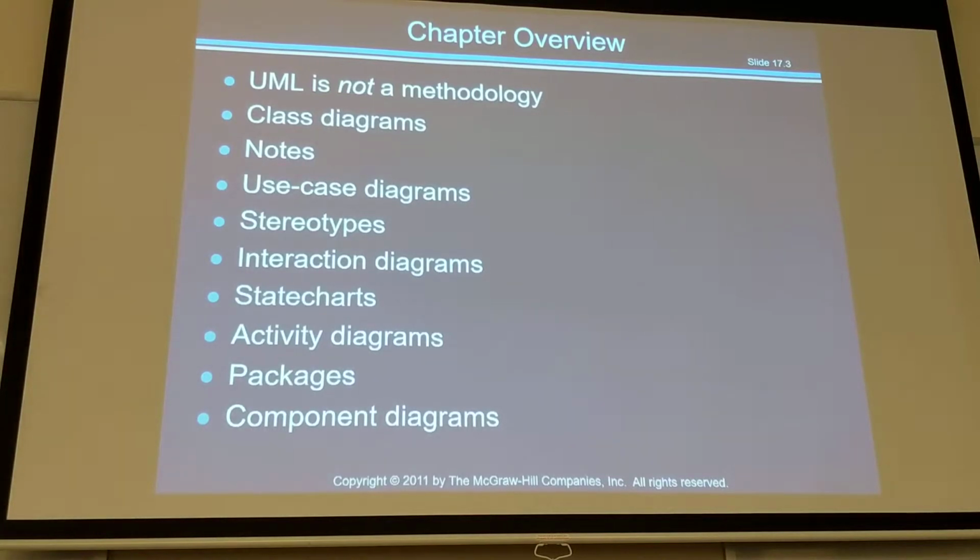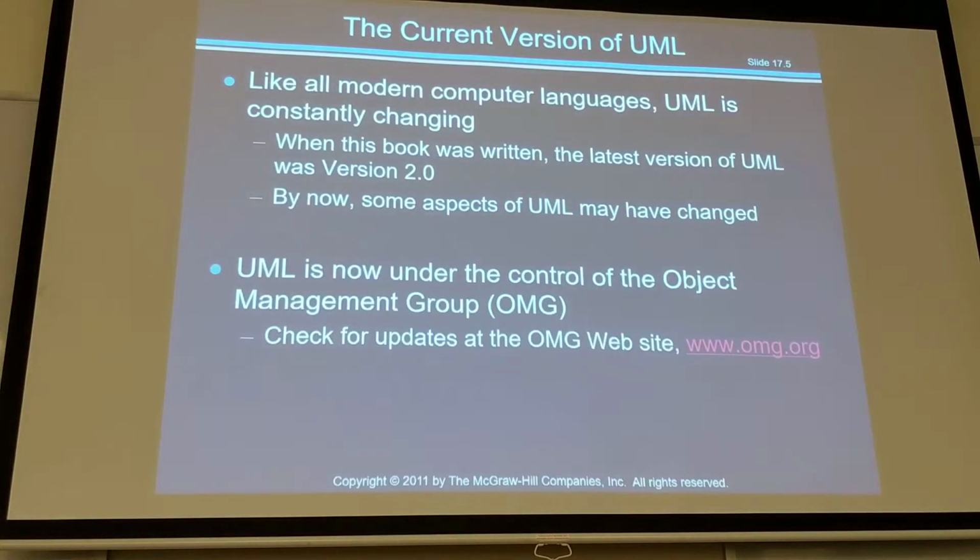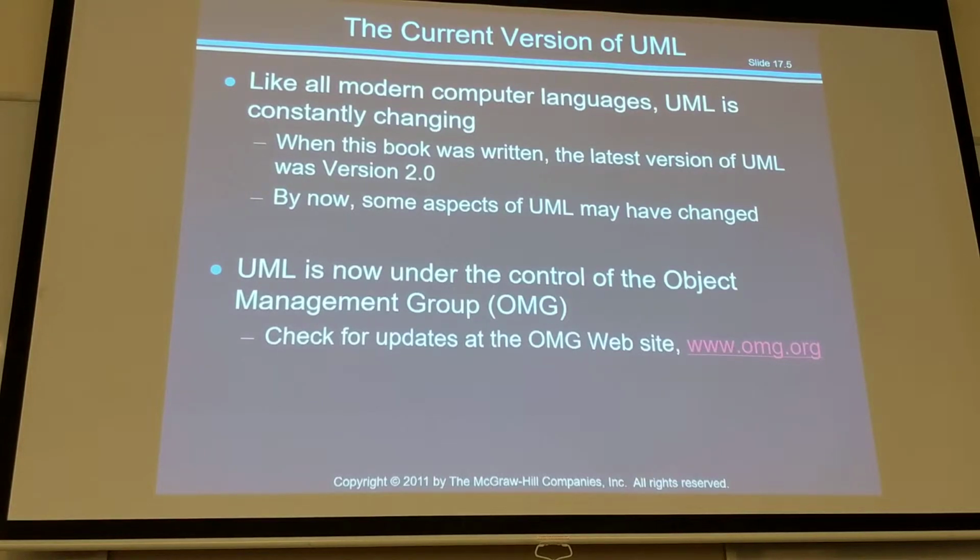So we'll look at these diagrams as we go. Basically, they form a recap of what we have been learning. There's a standard group on this called the Object Management Group. Used to be huge, right? When I was an undergraduate student, this was huge, together with the rise of object-oriented programming, particularly C++, and later on Java. So the Object Management Group was pretty big about 20, 15 years ago.